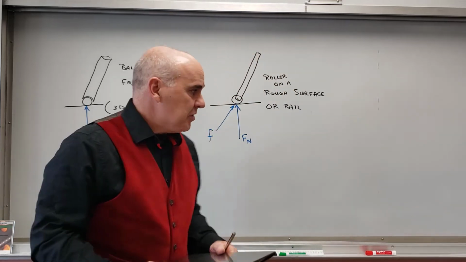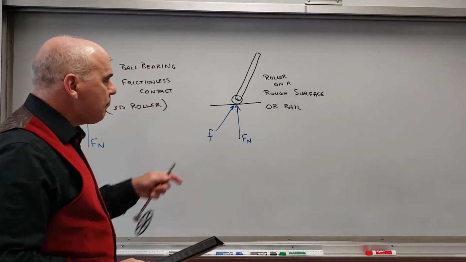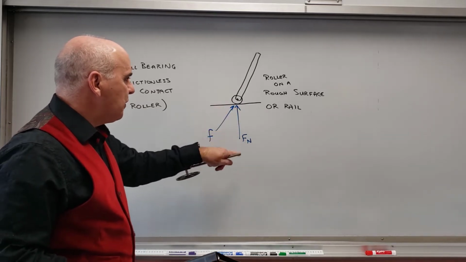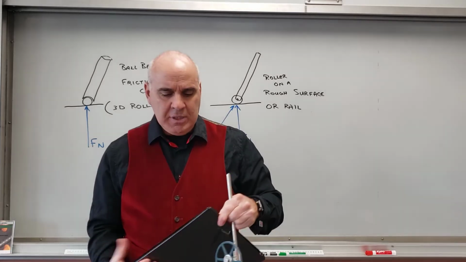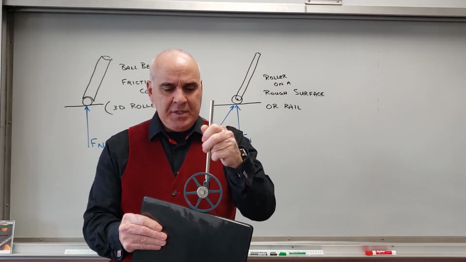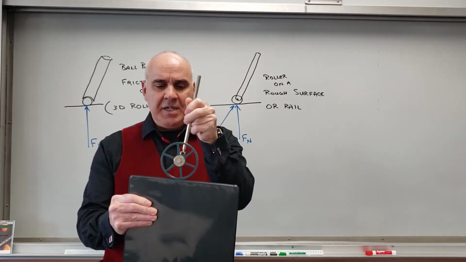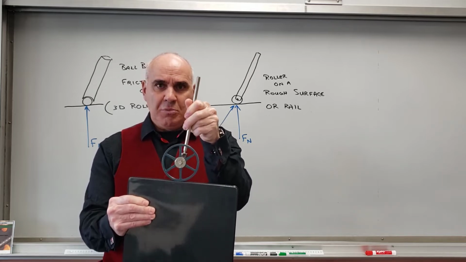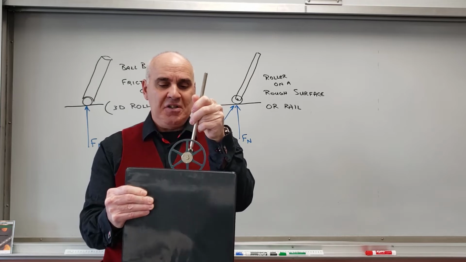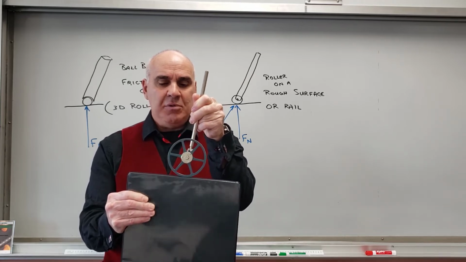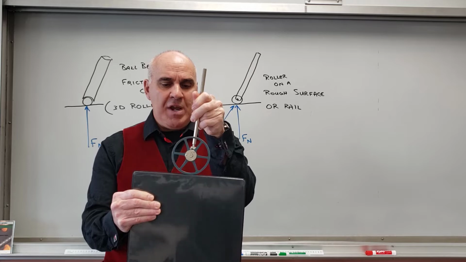All right, in a similar situation, we've got a roller on a rough surface or on a rail. So assume, for example, the rail might be the edge of this binder. And so it rolls on the edge of the binder, still exerting a force in the normal direction, in the y direction, but I'm now no longer able to move towards the camera or away from the camera.